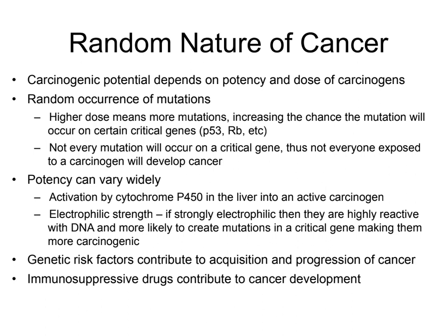And then again, we mentioned previously, the potency can vary widely. This can be due to whether or not it's activated by cytochrome P450, its electrophilic strength, how strongly it pulls electrons off of other molecules, how reactive that chemical is with DNA, how likely it is to create mutations. So all of these factors come into play with whether or not a compound is carcinogenic, and then again, whether or not the person exposed to that compound would actually develop cancer.